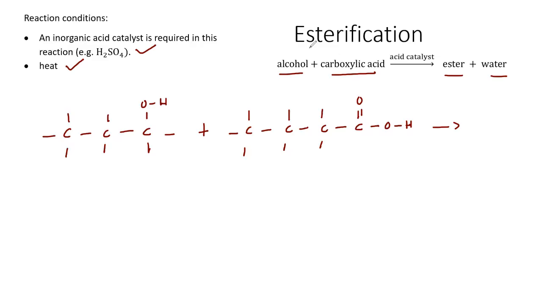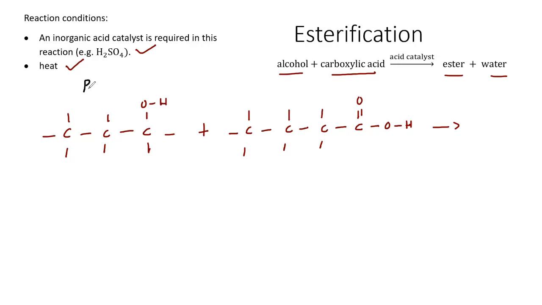Break it down. Here's the easiest way to remember this. When drawing an ester, start by drawing the number of carbon atoms from the alcohol. I want to specify. Start by drawing the number of carbon atoms from the alcohol.